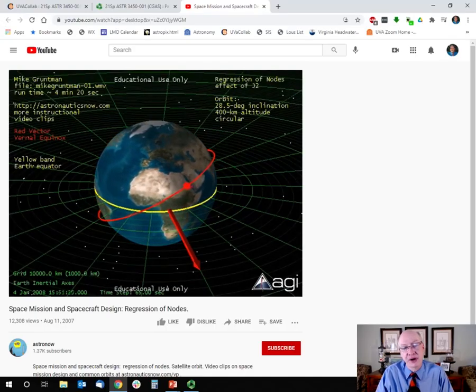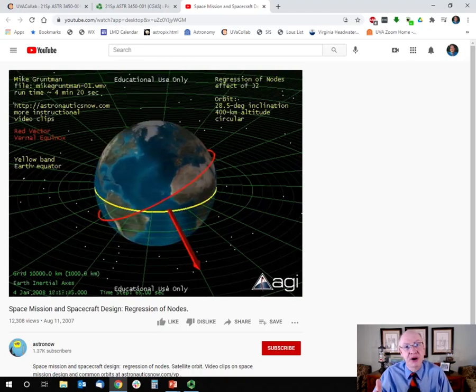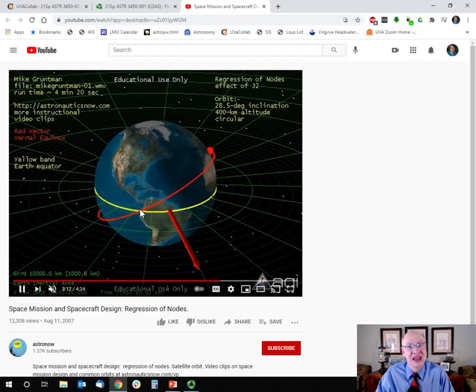If you're a satellite operator, and you're interested in having your satellite pass over certain parts of the Earth at certain times of day, you have to take this nodal regression into account.